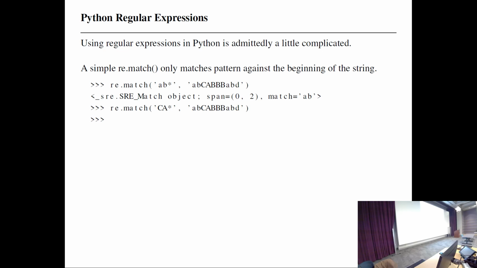Yeah, so I think the question is, once I match this, could I say, okay, starting from 2, does it happen again? So can I iterate the search looking for multiple copies like you might in a word processing system? And the answer is there are functions for that, right? I'm just showing you the two basic functions today, regular expression match and regular expression search. And there are features.